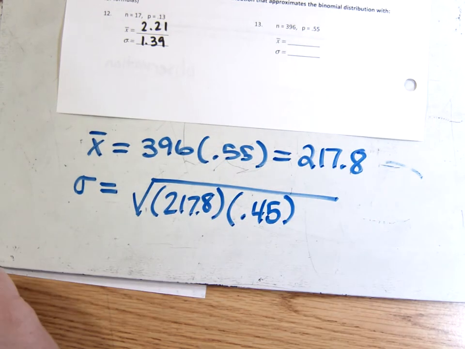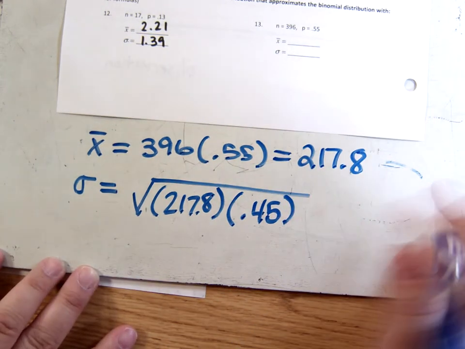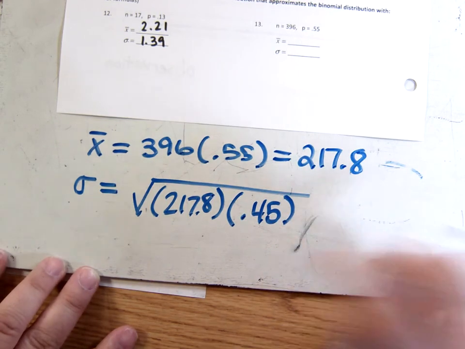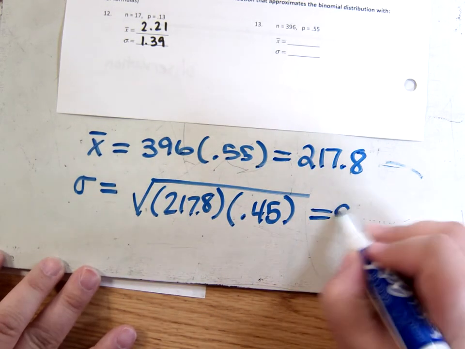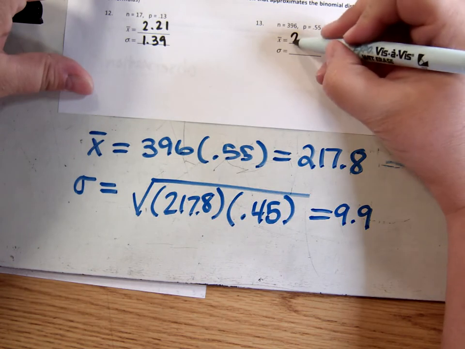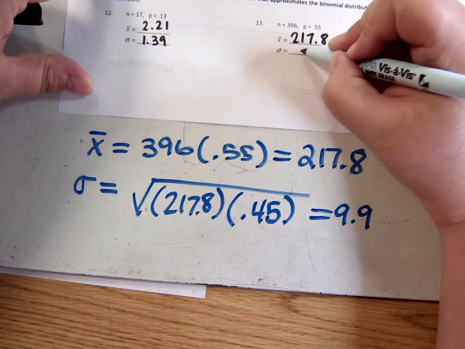Take the square root of the whole thing, and you get approximately 9.9. Actually, you get exactly 9.9. So forget approximately. And that's our whole review. And this would be 217.8 and 9.9.